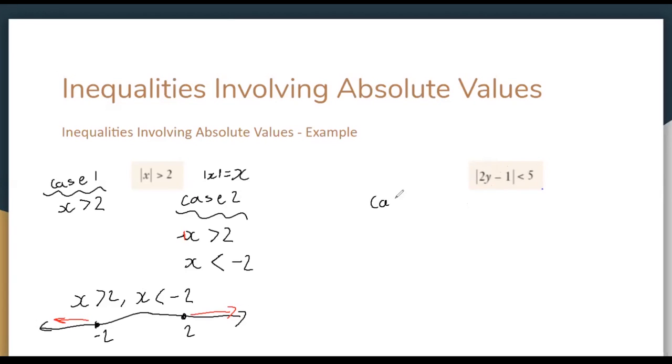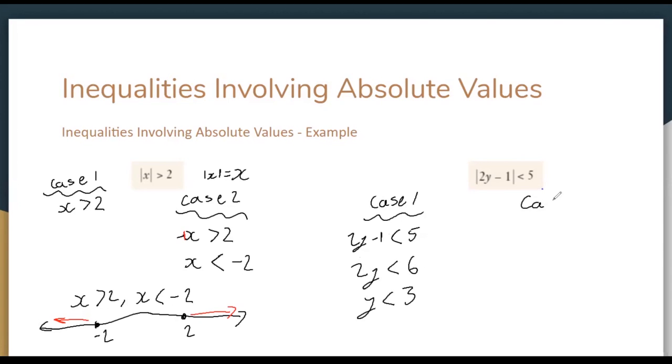So if we consider case 1, where it's positive, then we just get 2y minus 1 is less than 5, because that's going to be positive, so the absolute value doesn't matter. And that then gives us 2y is less than 6 by adding 1 to both sides. And that gives us that y is less than 3. And we get that by dividing both sides by 2.